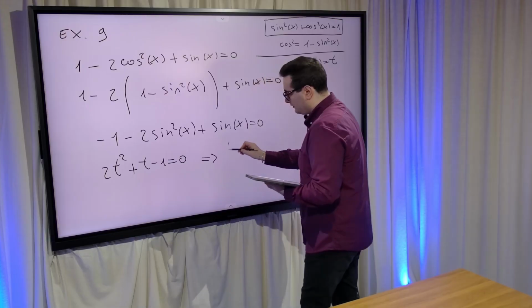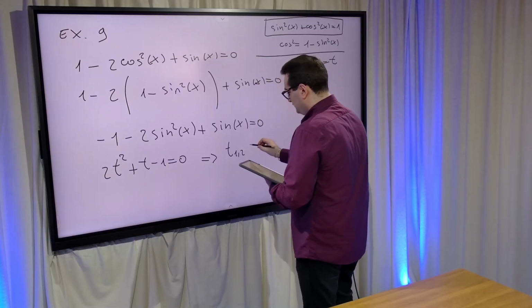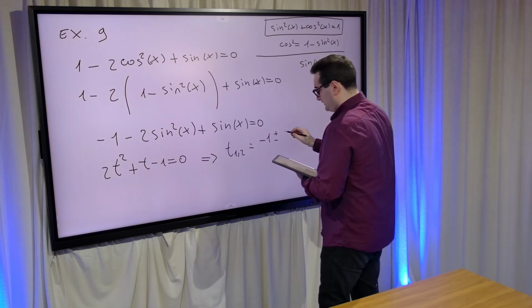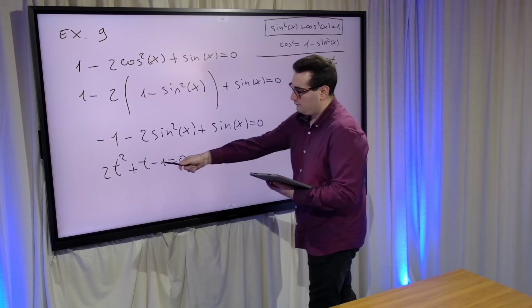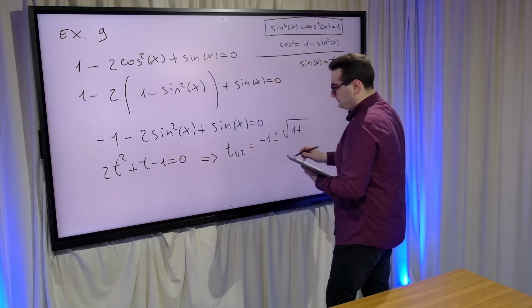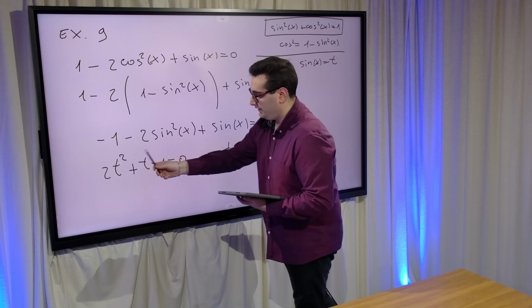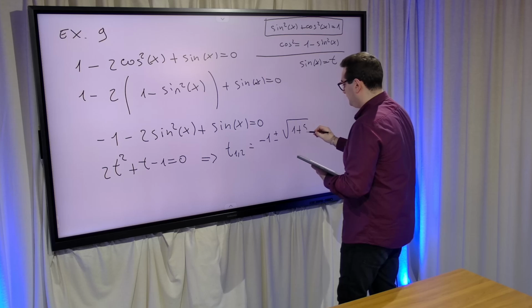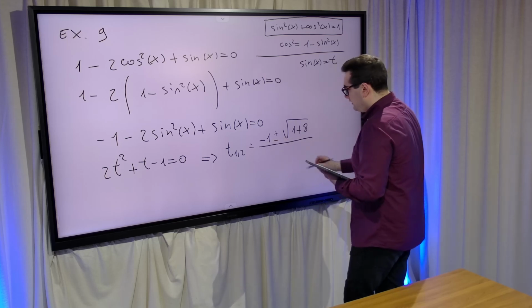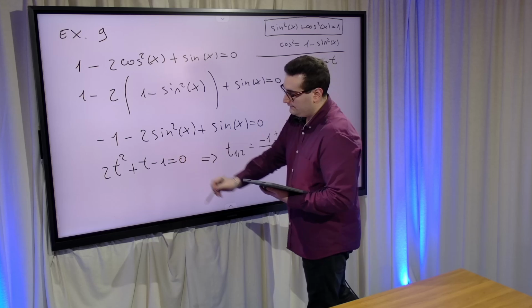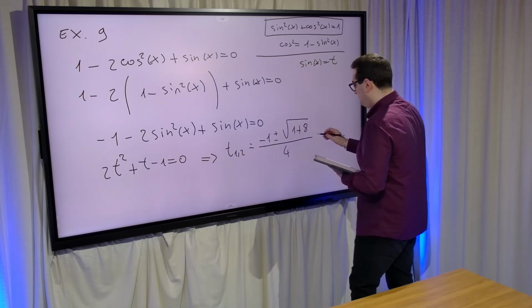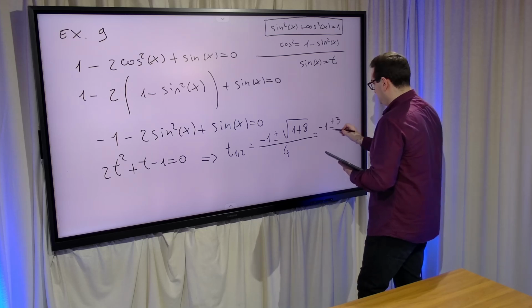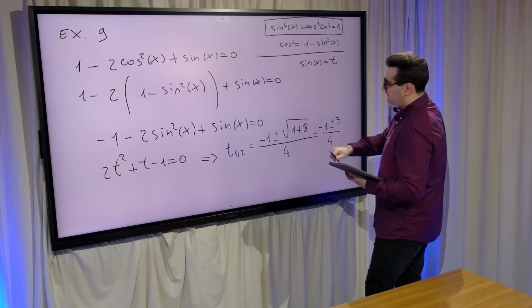So t1,2 is equal to minus 1 plus or minus the square root of 1 squared plus the product 4 times a times c, so 8, over 2a. Again, here I have 9.